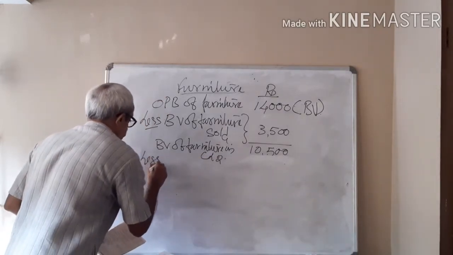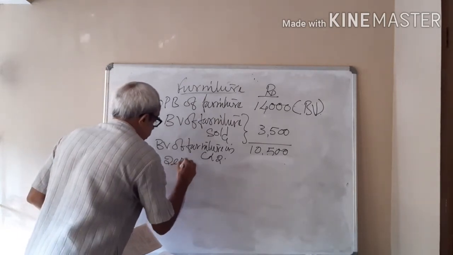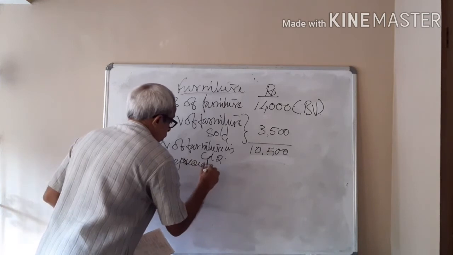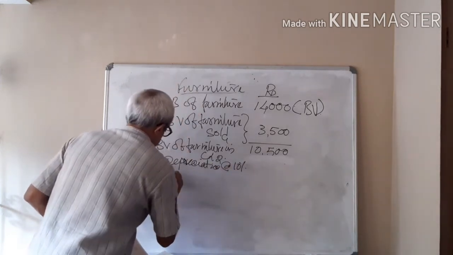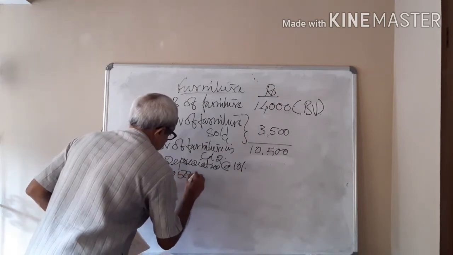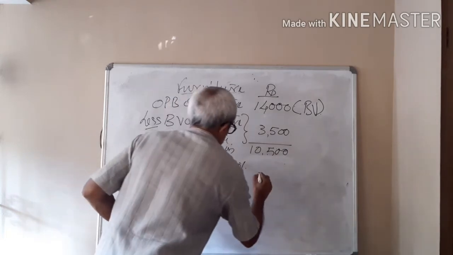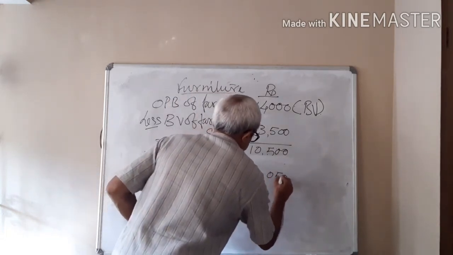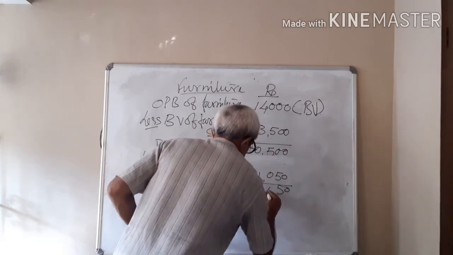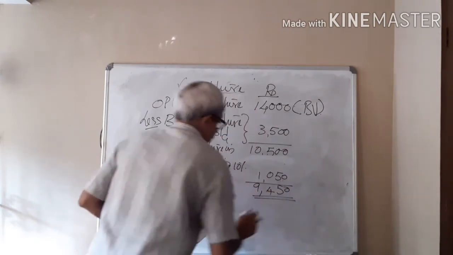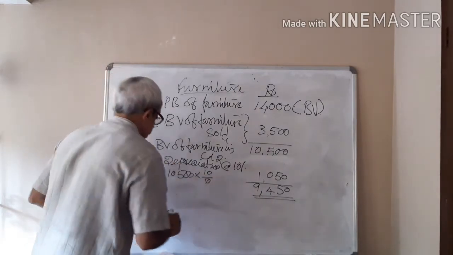Therefore, we deduct depreciation on furniture at 10%. That is 10,500 into 10 by 100, that is 1,050. 9,450 is the amount of furniture to be shown on the balance sheet.